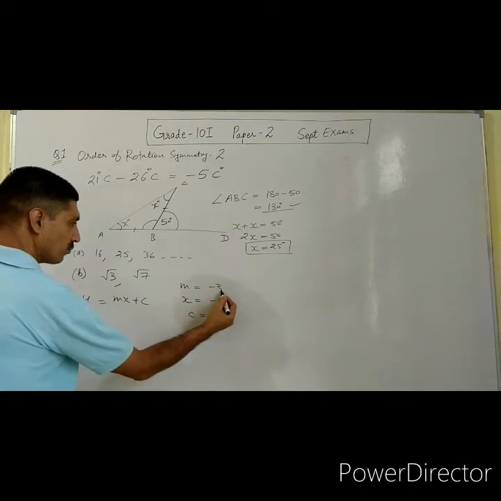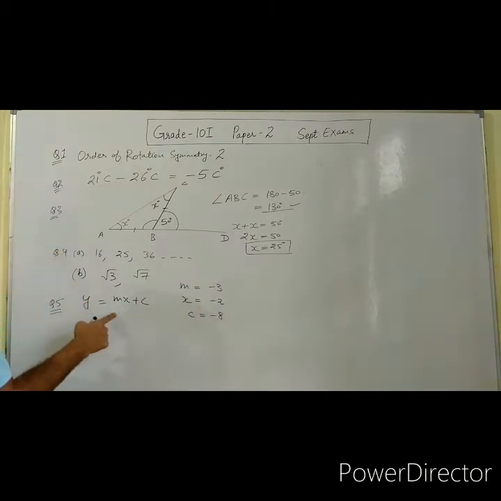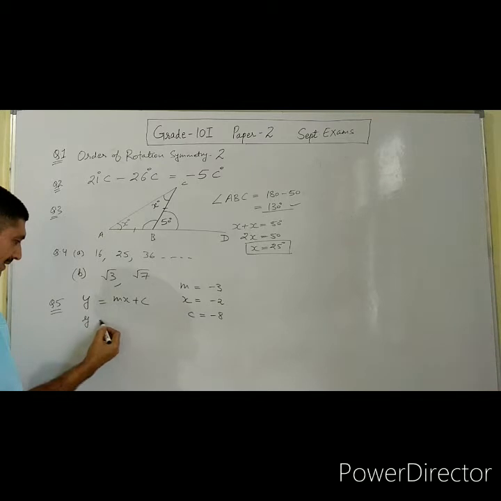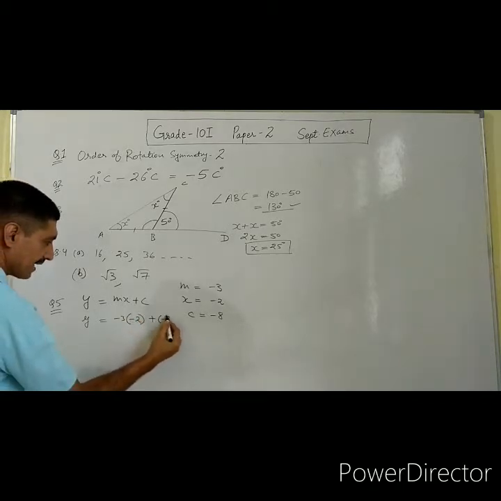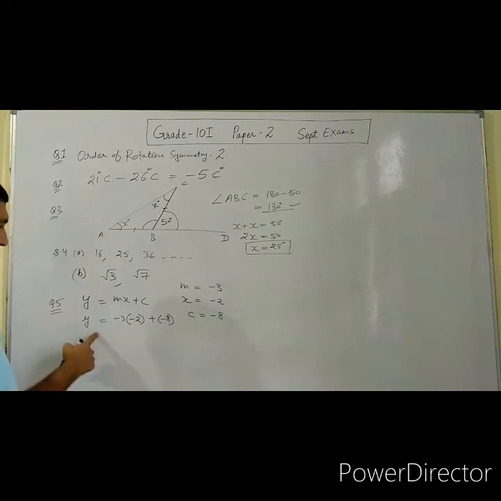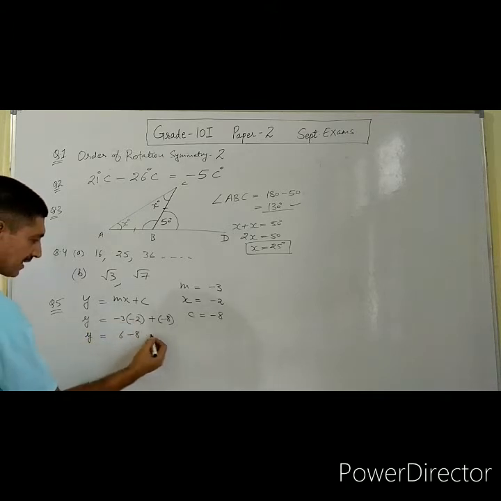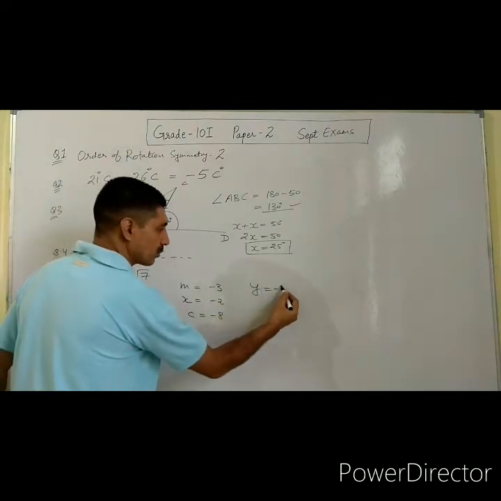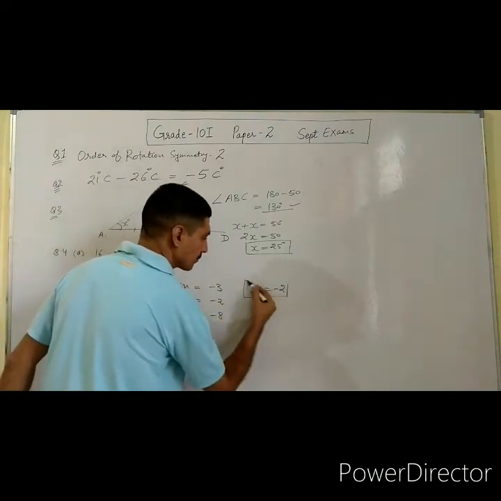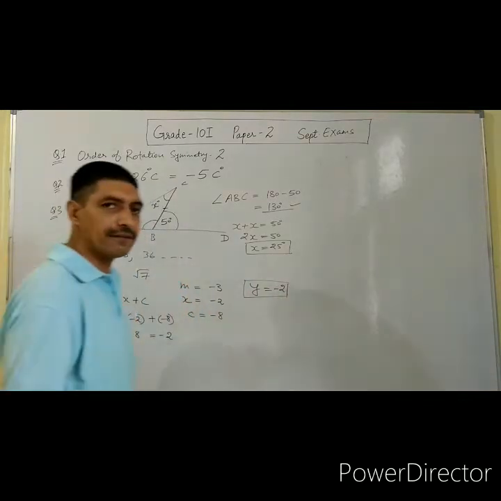So here we have to find the value of y. So y is equal to minus 3 into minus 2 plus minus 8. Minus into minus will be plus, that is 6 minus 8, which is minus 2. So here the value of y is equal to minus 2. So this is about question number 5.